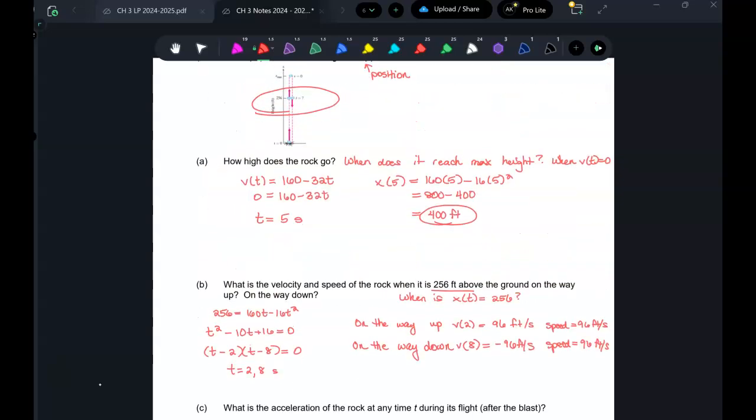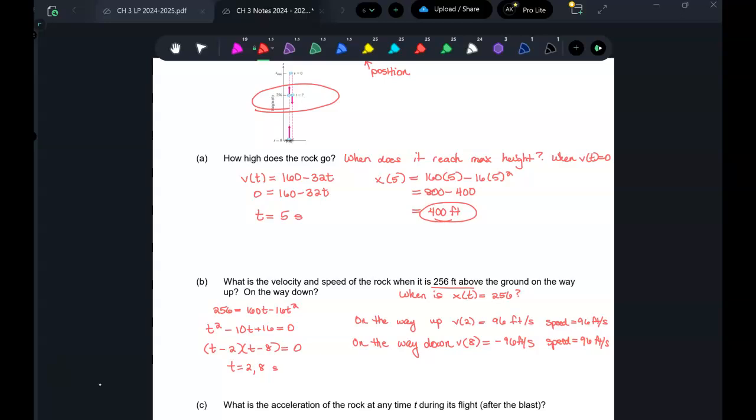Let's think about what that means in the context of the problem. It's starting off from the ground. It goes up and at 2 seconds it's reaching 256 feet at 96 feet per second. Then it goes up 3 more seconds to reach a maximum height of 400.